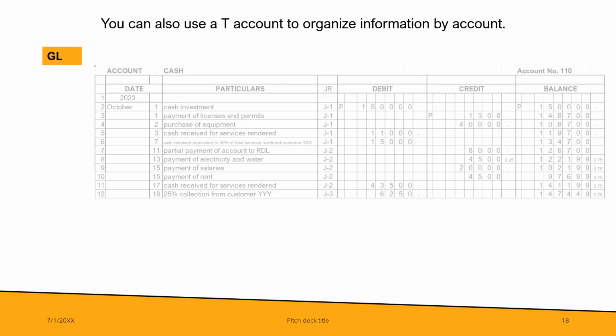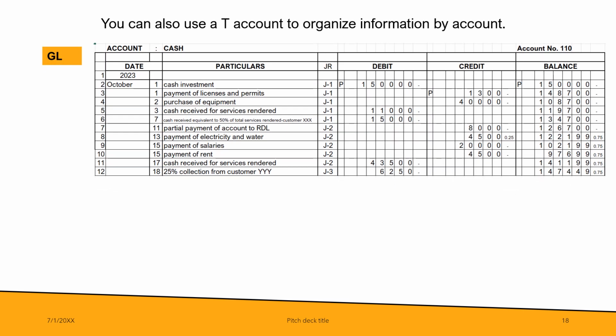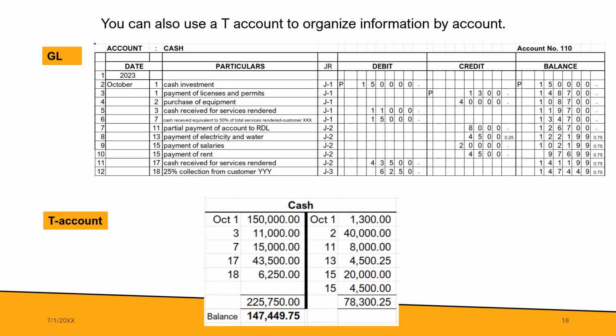If this is how our general ledger looks like for a cash account, this is the T account version. In the T account, literally, it looks like a T, in which on the left side you have the debit entries as well as the date for each amount, and on the right side the dates and of course the amounts.